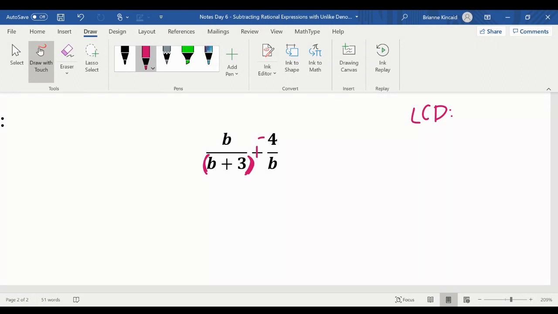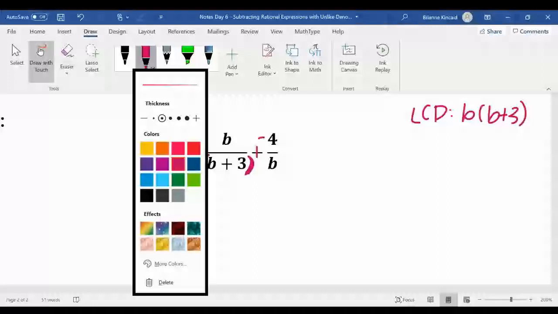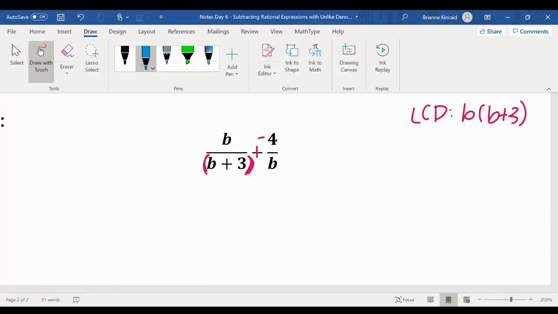So my denominator on the left has a b plus 3, and my denominator on the right has a b. In order to get common denominators, you're going to be multiplying. You can't add, so these have to be treated like separate things. This means that my fraction on the left has the b plus 3 from the LCD, but it's missing a b. So I multiply by b over b.